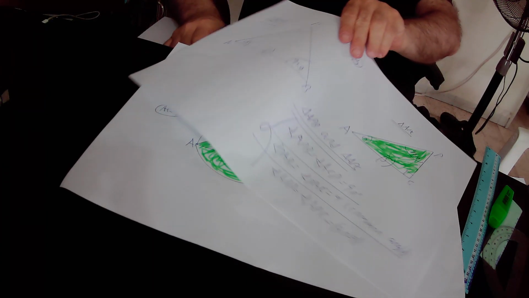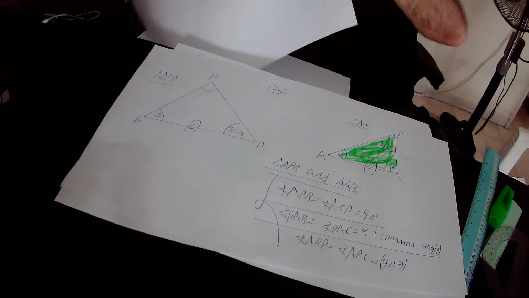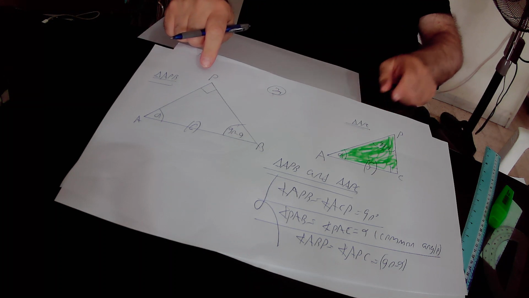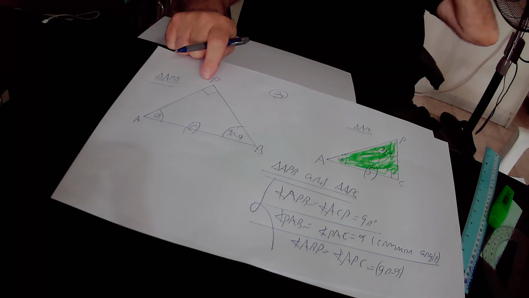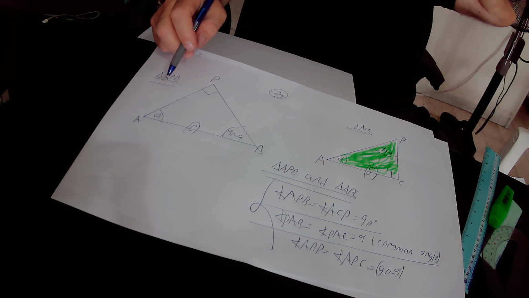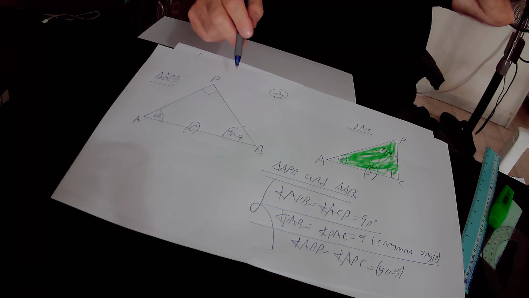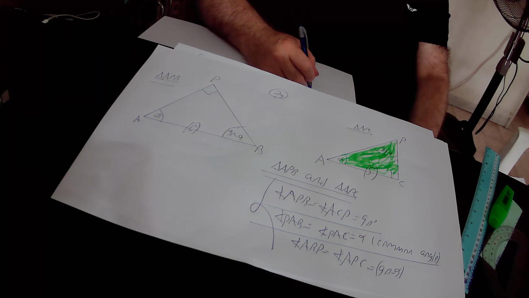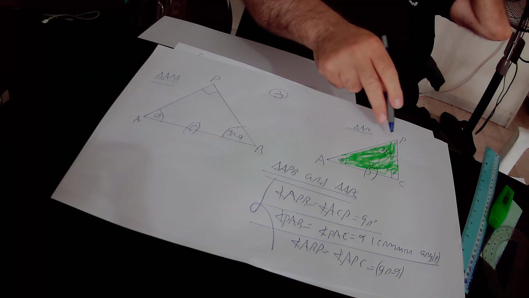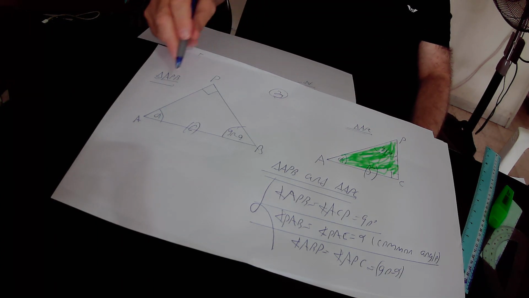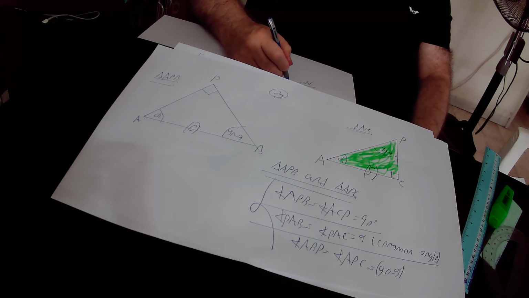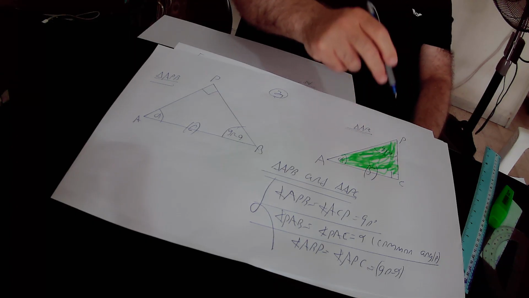So, from the fact that those two right triangles are similar to each other, we derive that the following relationship exists between their sides. Side AB in this right triangle over side AP in the green triangle equals side AP in this white triangle over side AC in this green triangle.